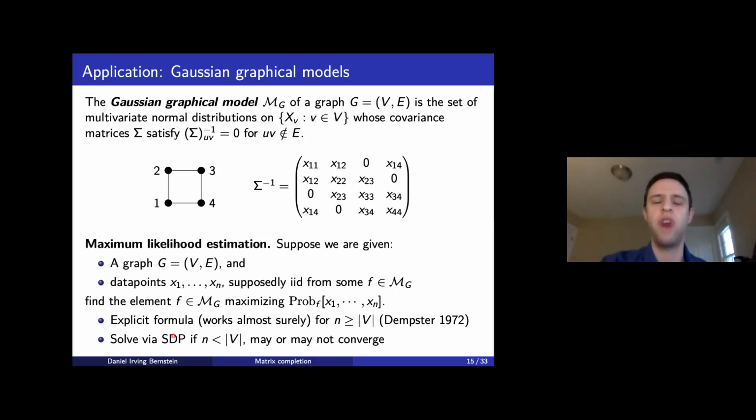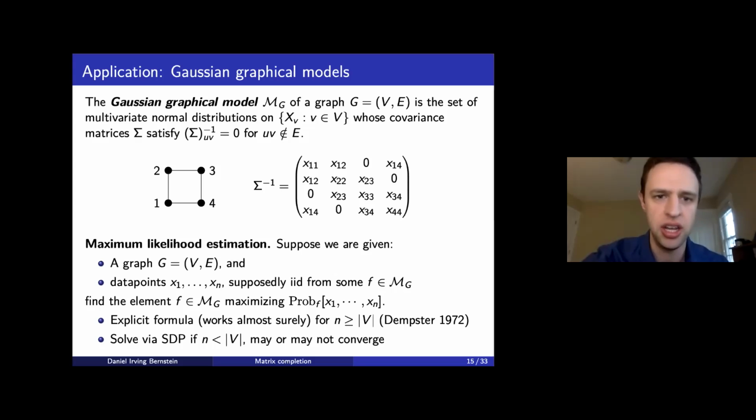But what's often the case in many applications, particularly in biology and in genetic networks, is that you have more variables than you have observations. And in this instance, the best thing you can do is to just try to solve this using semi-definite programming, which may or may not converge.